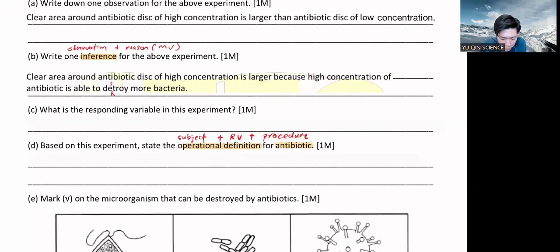My manipulated variable is this one, because higher concentration can kill more. Responding will be how big the clear area is, so must be something measurable. The first words also we say size of clear area.